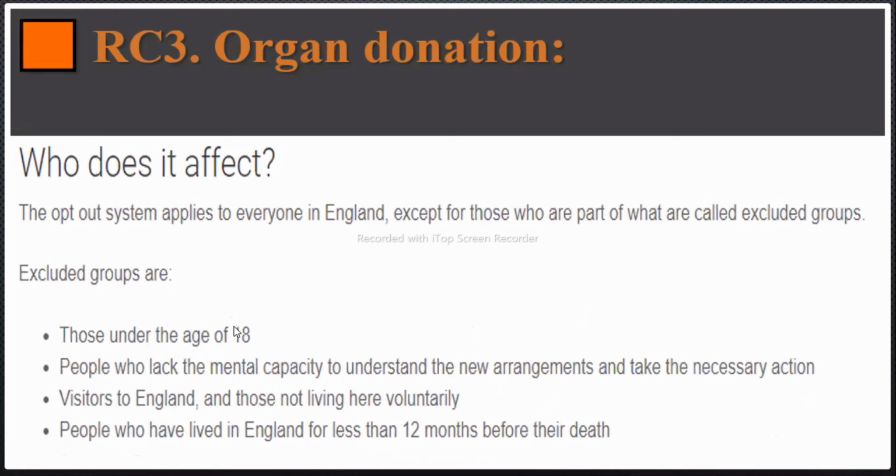But if he died and his family is present, they can give consent for donation. People who lack the mental capacity to understand the new arrangement and take necessary action. Also visitors to England and those not living here voluntarily. People who have lived in England for less than 12 months before their death.